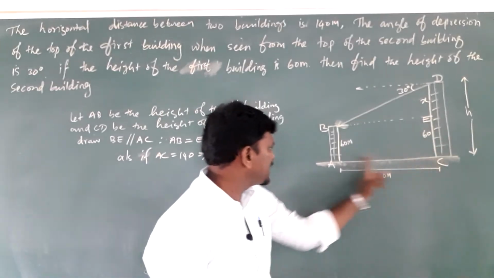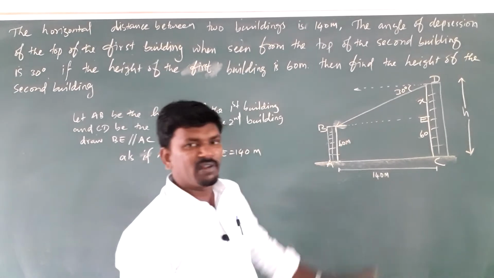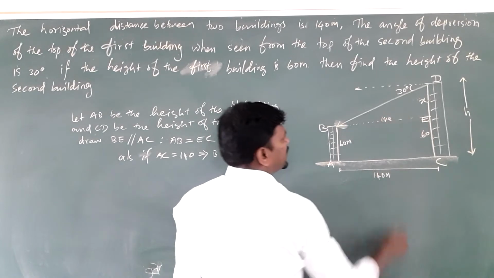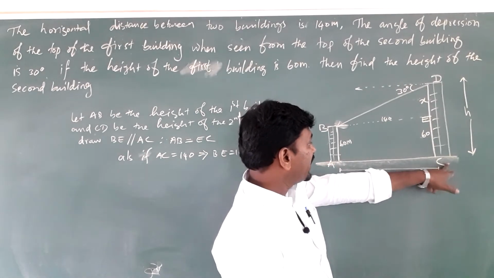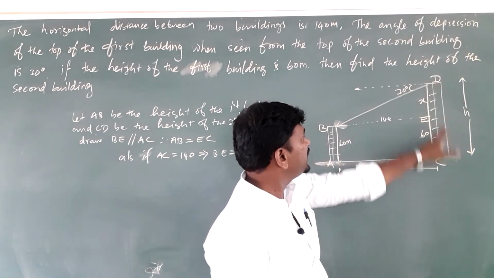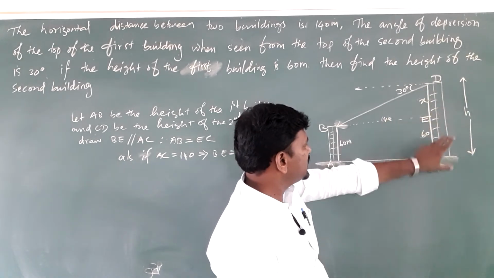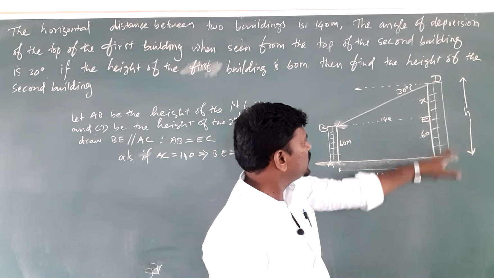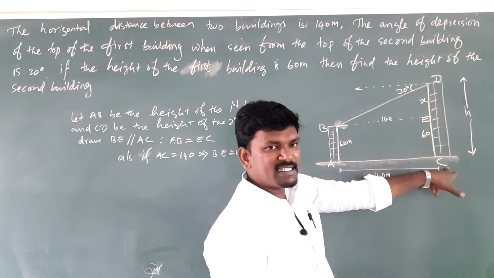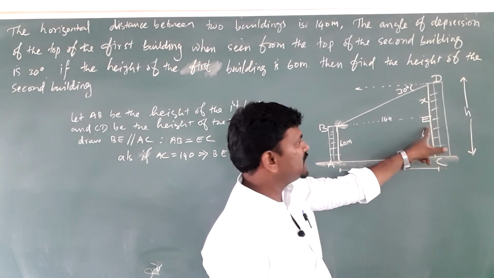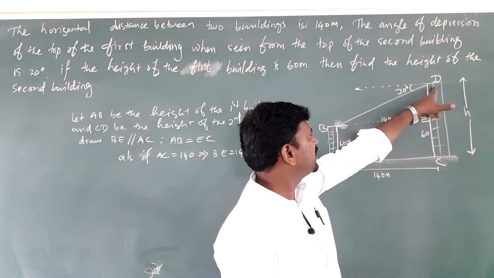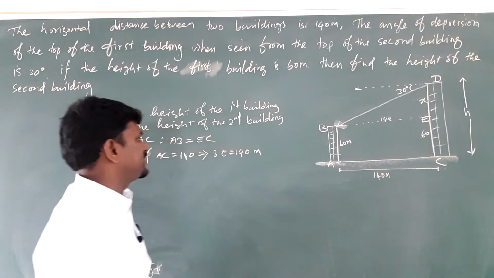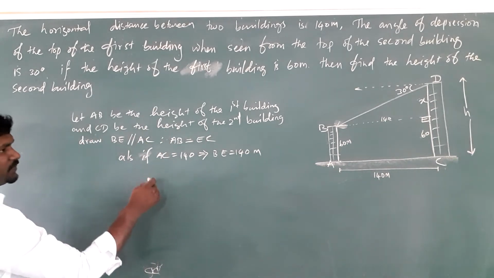See, it is a rectangle, opposite sides are equal. So what do we have to find? We have to find the length of DC. So DC is equal to DE plus EC. We know the value of EC. Now we have to find the value of DE. Then we can find the height. Okay, clear? Okay, let us do.